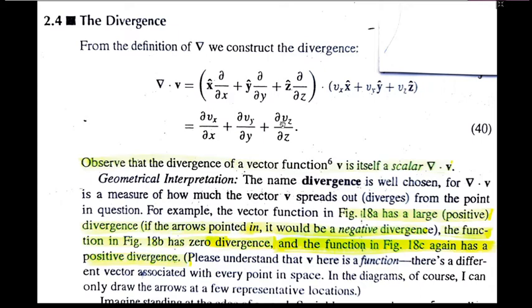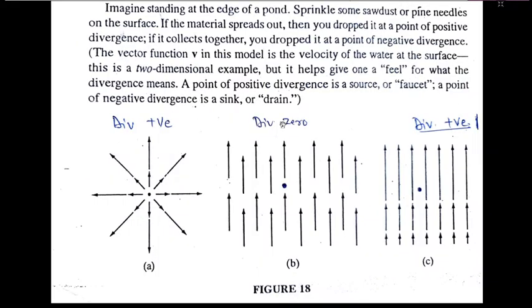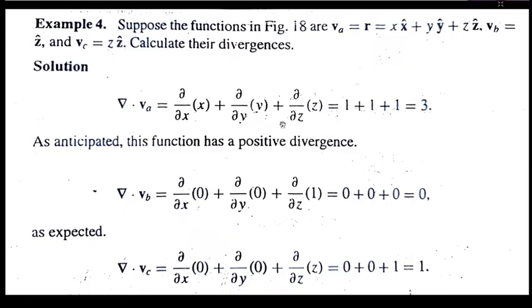So we will be doing the same in this case, and try to understand example number 4. Suppose we have functions representing figure a, b and c of figure 18: this is Va, this is Vb and this is Vc.